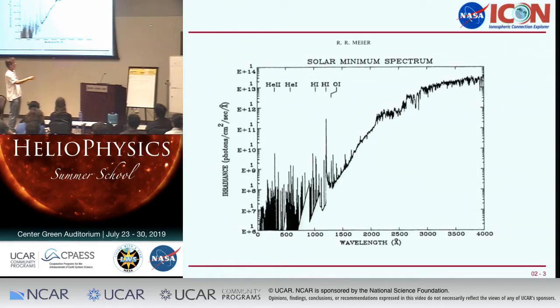And out here there's the 10.7 centimeter line, probably even farther out. It's somehow related to the 830, the 304 line and the 530, several of these EUV emissions.